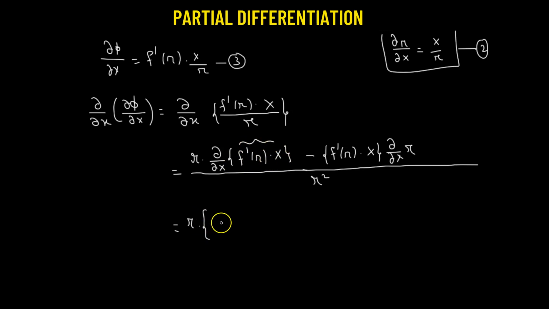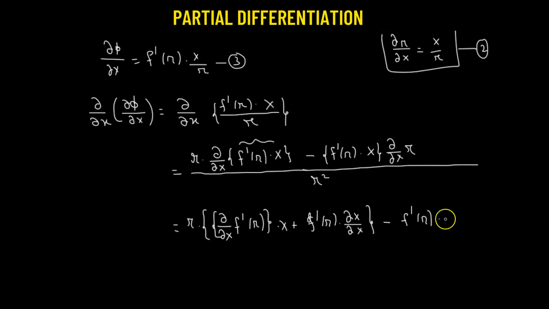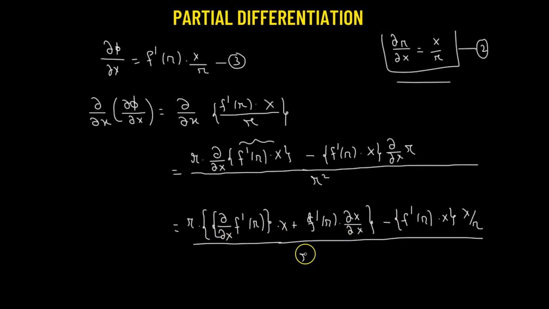Using the product rule we have the partial with respect to x of f prime of r multiplied by x, plus f prime of r multiplied by the partial of x with respect to x, minus f prime r times x, whole multiplied by the partial of r with respect to x, but the partial of r with respect to x is simply x over r, whole thing divided by r squared.